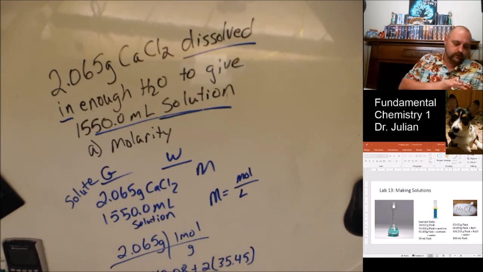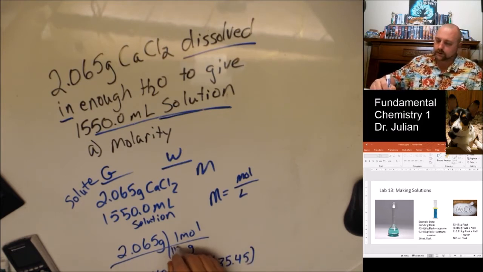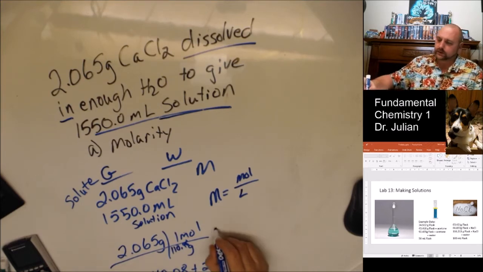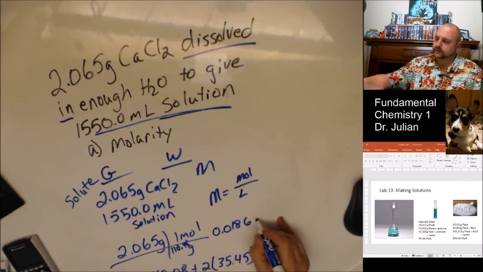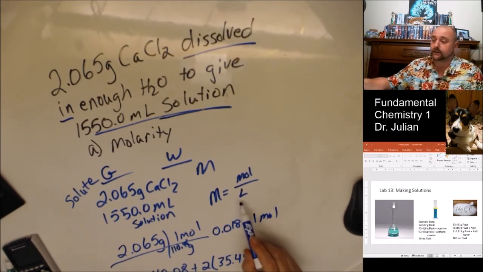Alright, so we'll plug that in here. I got 110.98, which gives me 0.01861 moles. That's not my answer yet because I have to divide that.